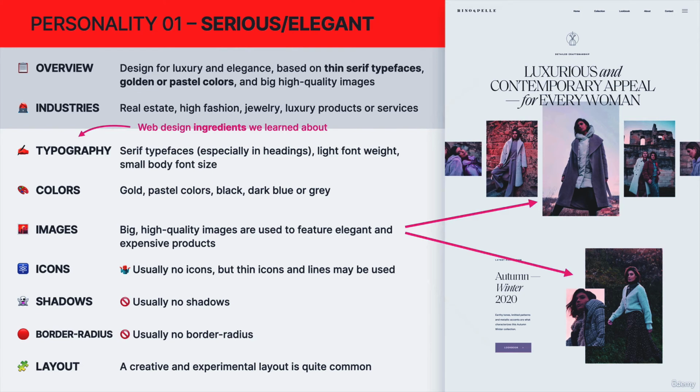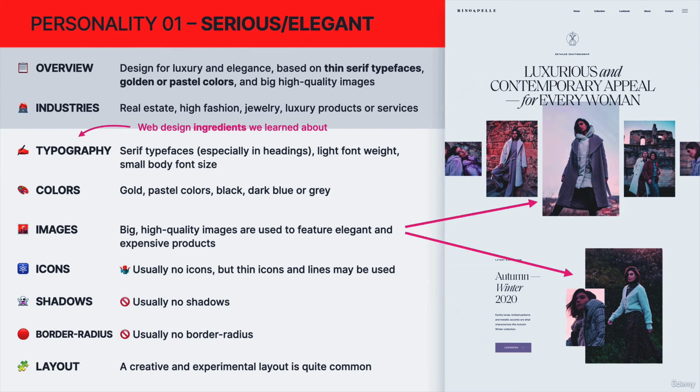Then shadows and border radius are usually not used, as we also mentioned before, and a creative and experimental layout is quite common for these designs. Now, of course, not all of these are always present in all the serious and elegant designs. So this is more of a rough guideline and a collection of trends that you can use in your own designs because, again, it will make it a lot easier for you.